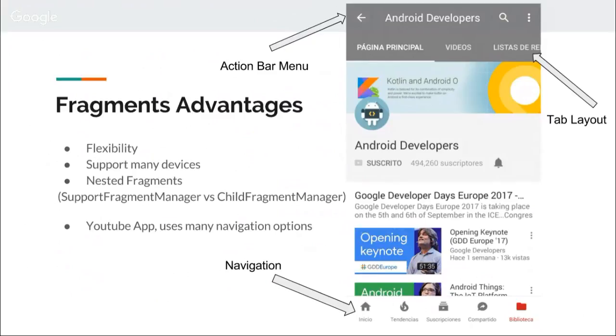The tab layout contains the channel information, the main page, the videos, the information, and other important stuff about the channel. And on top of the activity, we still have the action bar, where you have the menu, you have the back button, and you have a search option, and you have the other options.